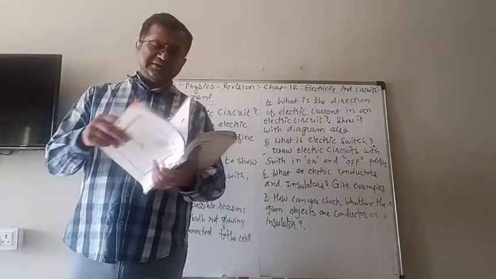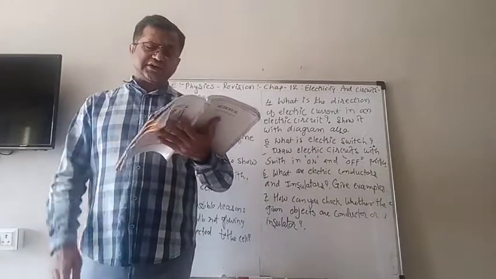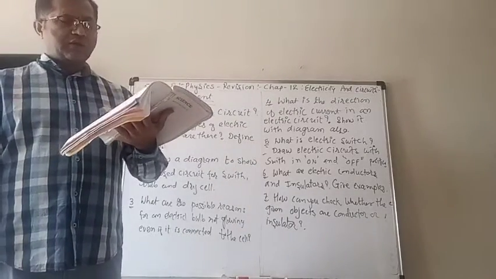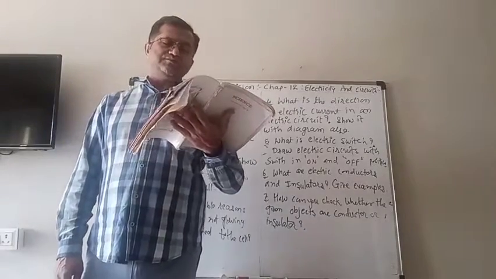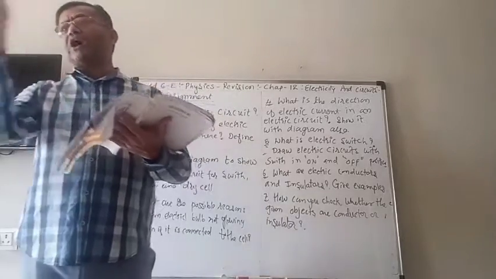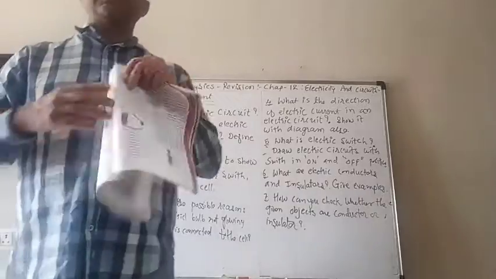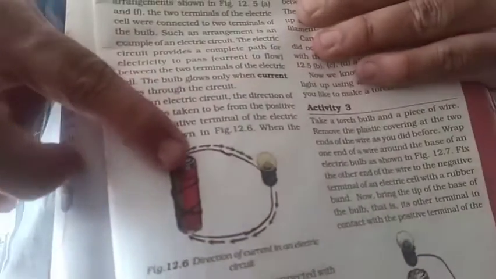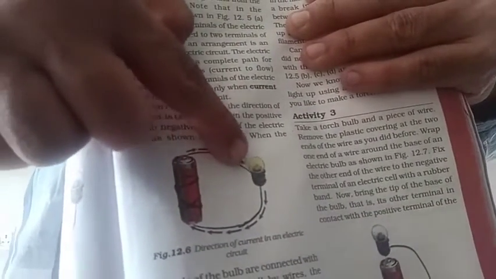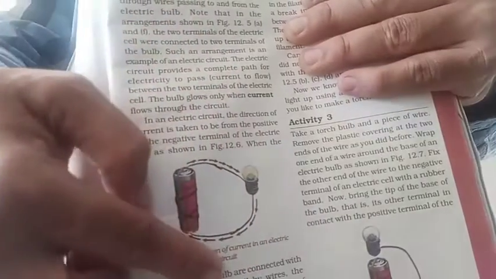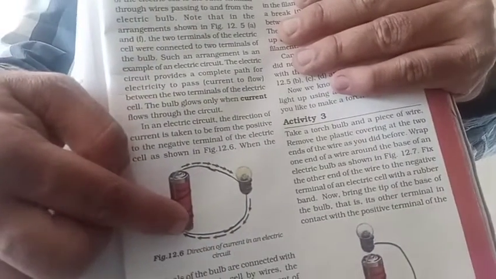Generally, the direction of the electric current is taken from the positive terminal to the negative terminal, meaning the current comes out of the positive terminal as shown in the figure here. You can see that the current is coming out of the positive terminal. The direction is given by the arrows, then passing through the bulb and wire and then coming back to the negative terminal.